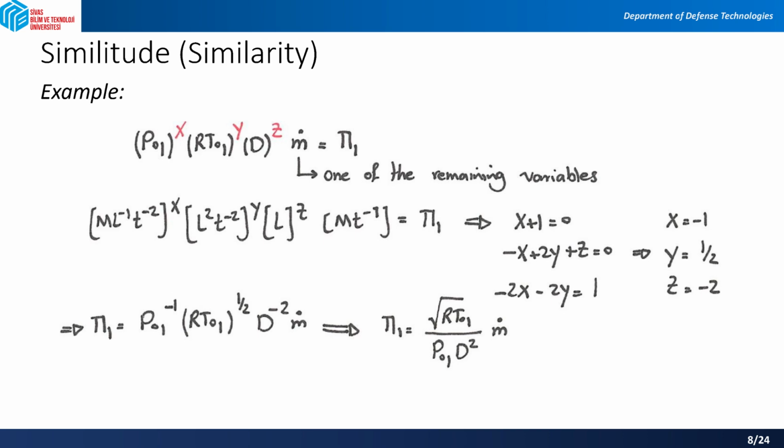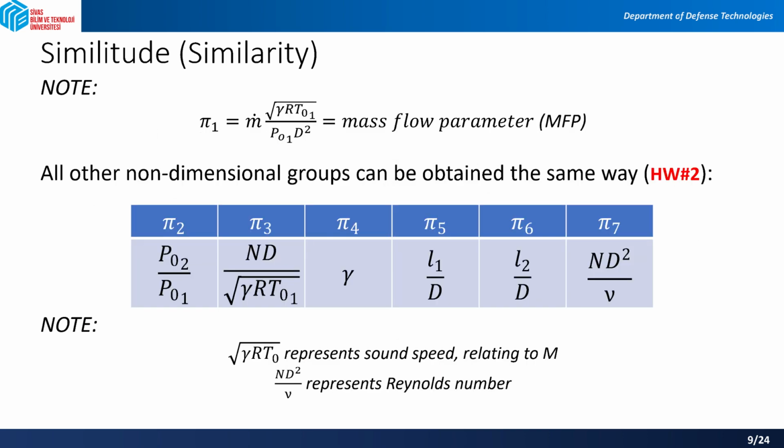So your pi 1 is actually the square root of RT01 over P01 D squared times m dot, the mass flow rate. You call this the mass flow parameter. So your mass flow rate times this is called the mass flow parameter, or MFP, right?